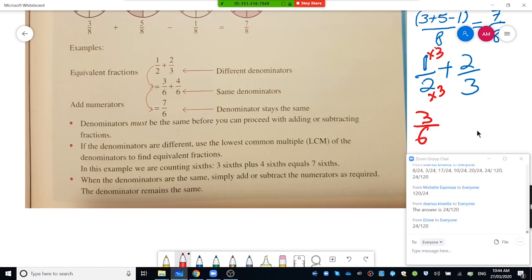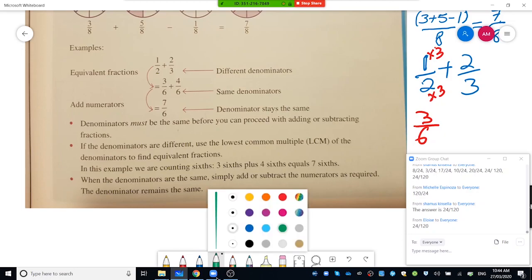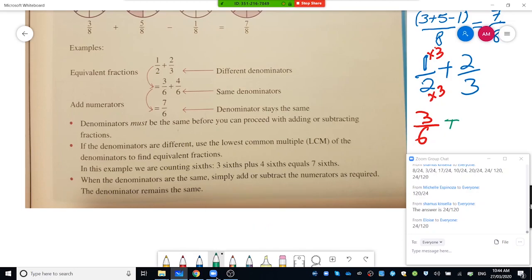Then I take a green color for the second. Here also you want to change 2 over 3 in a form that the denominator becomes 6. So you time it by 2, and the same number at the numerator. So it becomes 4 over 6.